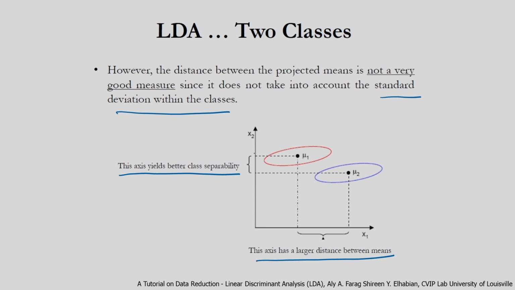If I consider this projection direction, I will get maximum separability between the classes. In the first case I get the larger distance between the means, but the separability is not good as compared to the second case.